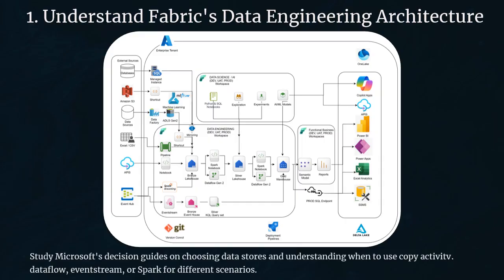Make sure to study Microsoft's decision guides on choosing data stores and processing activities, so you can select the best approach for tasks like real-time streaming, batch processing, or advanced transformations. This foundational knowledge is essential for building reliable and scalable data engineering pipelines in Fabric.